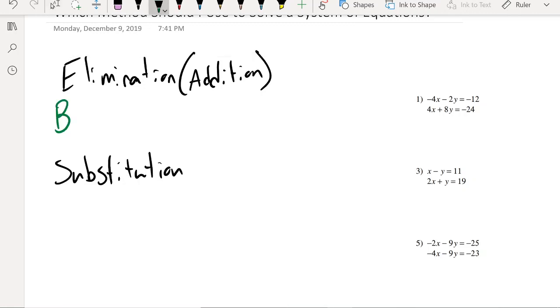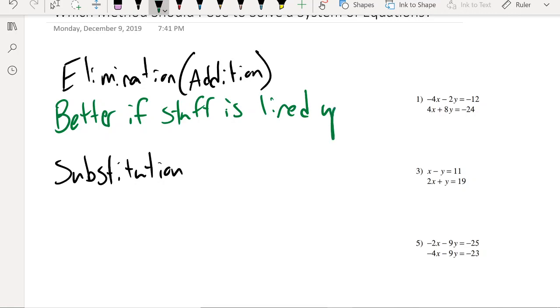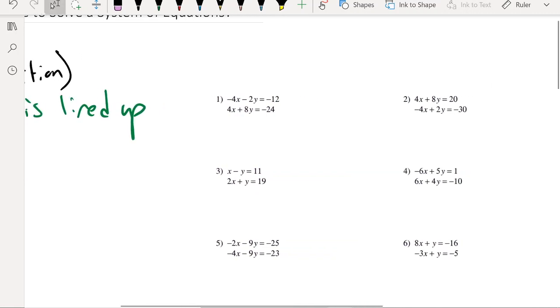So this one's better if stuff is lined up. Okay, so let's look at an example of this. We'll use green, like a green E, for ones that are better for elimination. So let's look through a couple examples here.